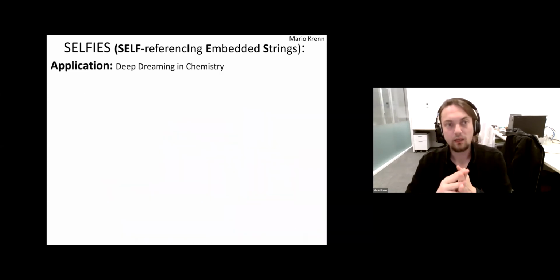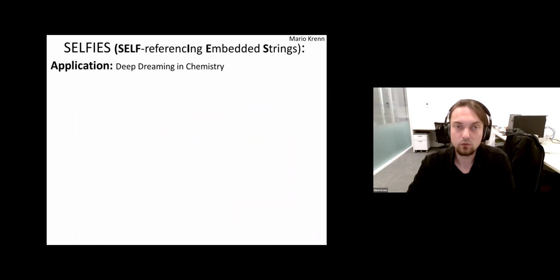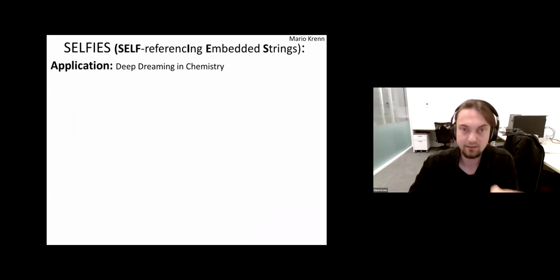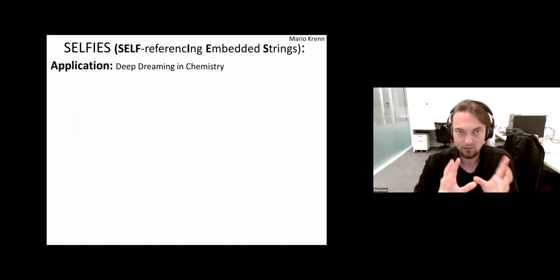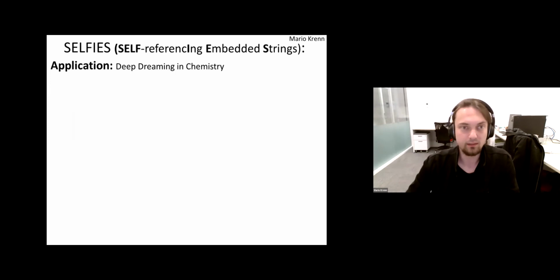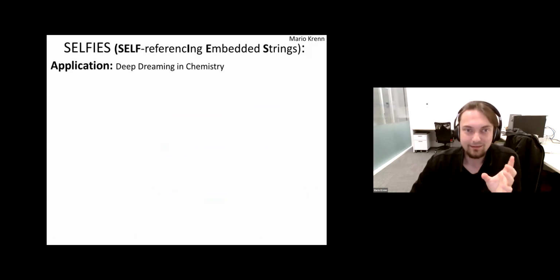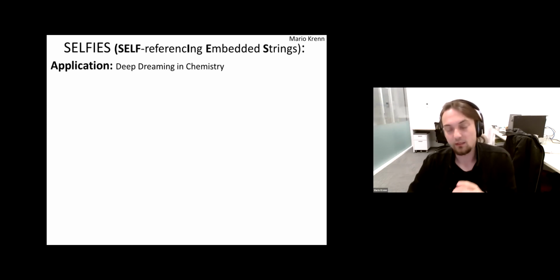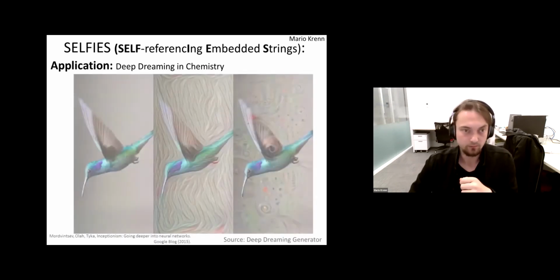But we have also applied this technique now to deep learning based design methods. And specifically, I want to talk about this one work that has been mainly done by my colleague Cynthia Shen. Here, we were inspired by the idea of deep dreaming in the field of vision.